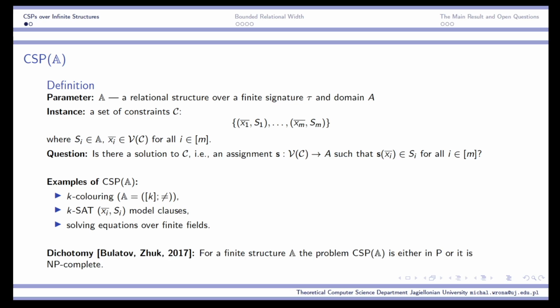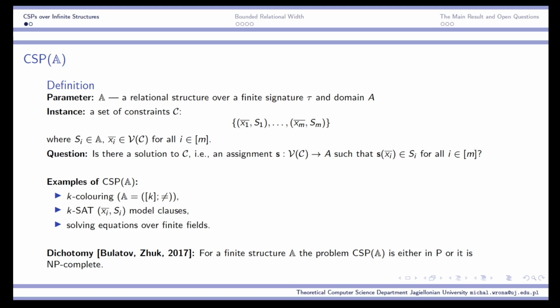Until recently, the main open problem was to confirm the Feder-Vardi conjecture, saying that for every finite structure A, either the problem CSP(A) is in P or it's NP-complete.